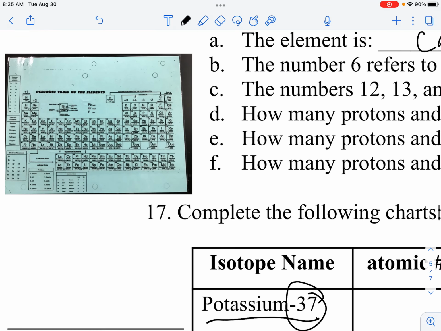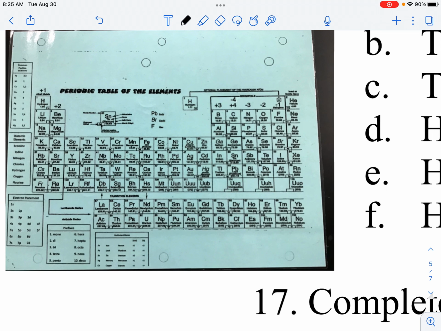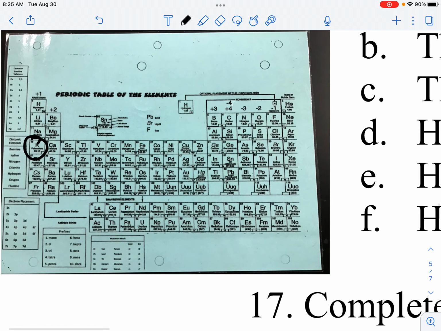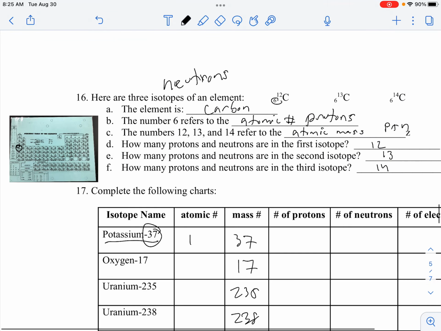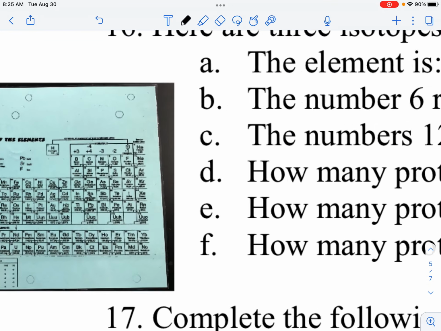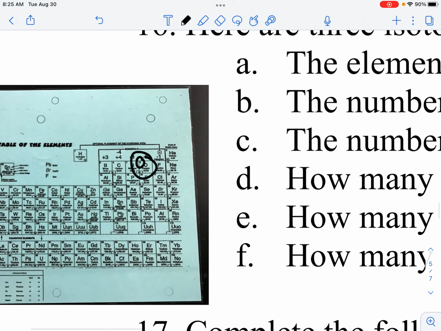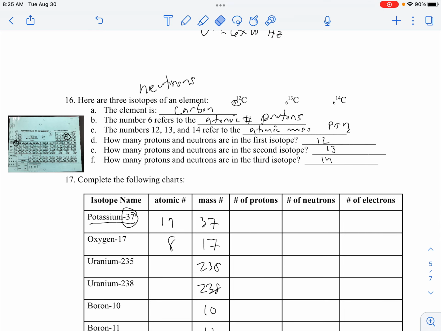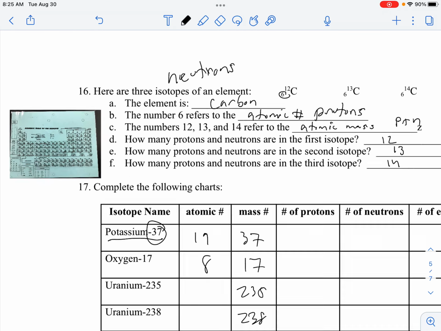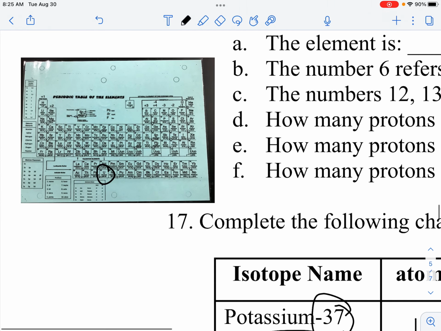Okay. So we're going to look for potassium, K. Okay, so notice potassium is 19. Atomic number is 19. Oxygen, O. Atomic number is 8. Okay, uranium.